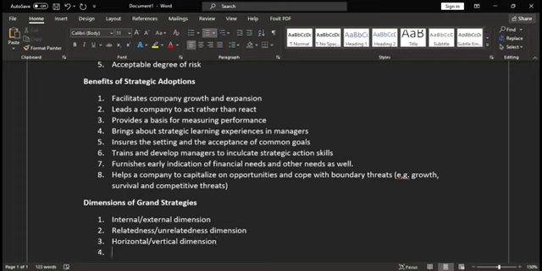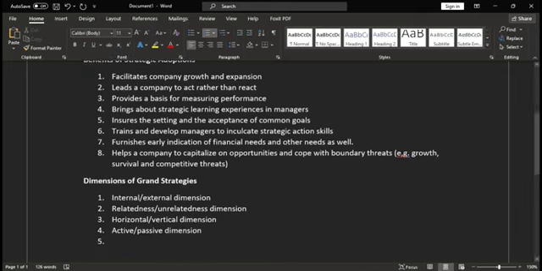Four, active or passive dimension. You have the basic or derived dimension.